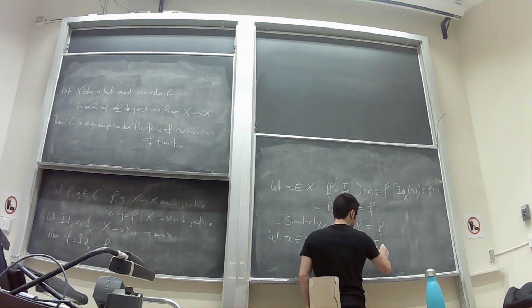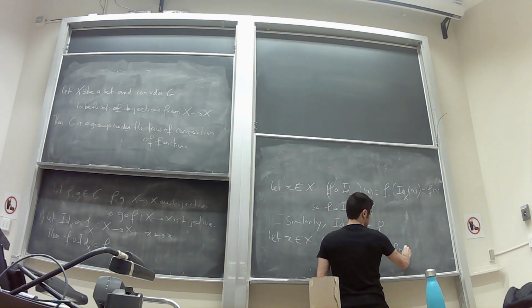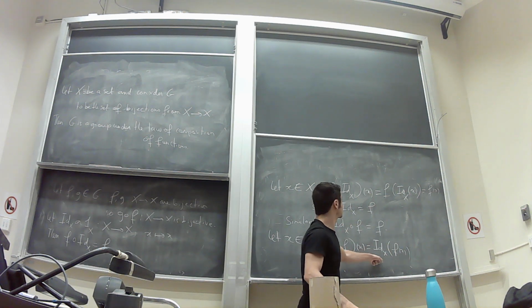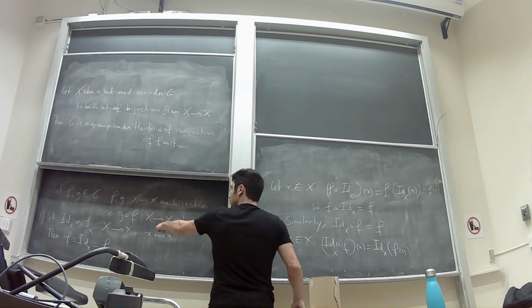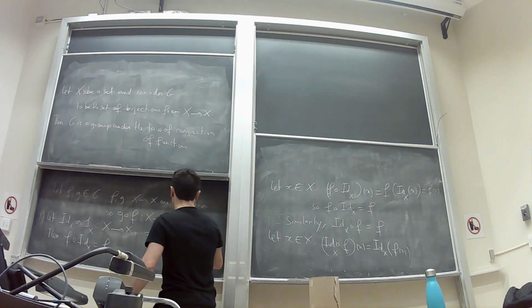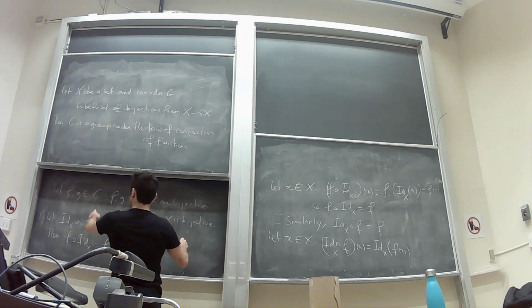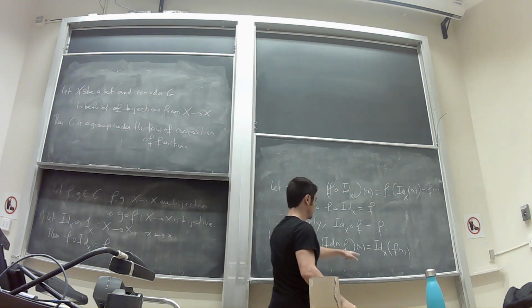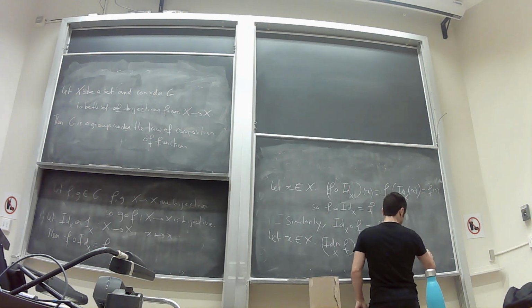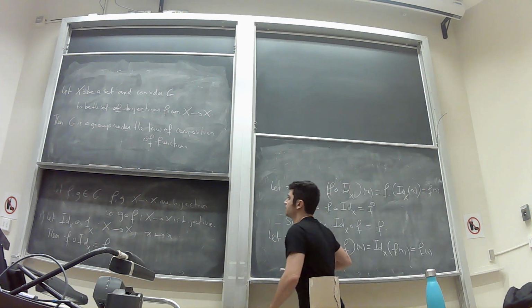This is ID of X at f of x. Now notice that f of x is an element of X, because f is a bijection from X to X. Here f is in G. So this is just f of x. Okay? Great.